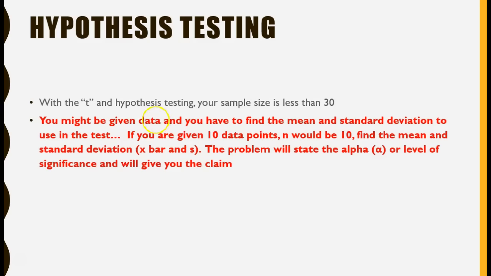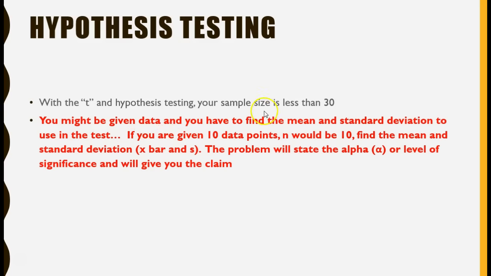With the t in hypothesis testing, your sample size is less than 30. There are situations where, just like with the z, you might be given data, where they might give you 10 data points, and you would have to find both the sample mean and the sample standard deviation.